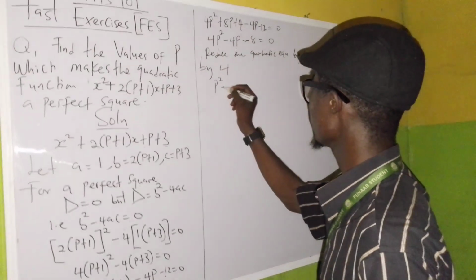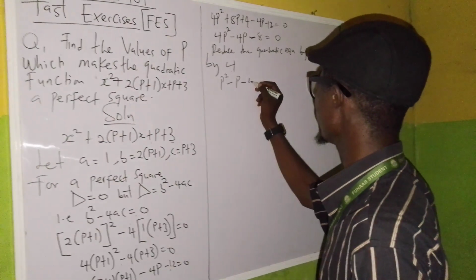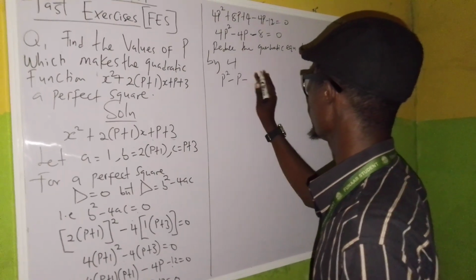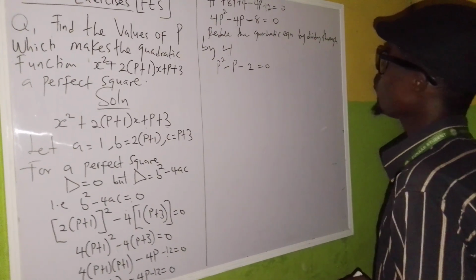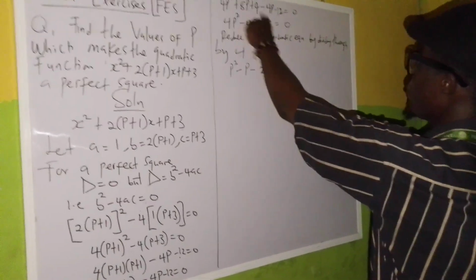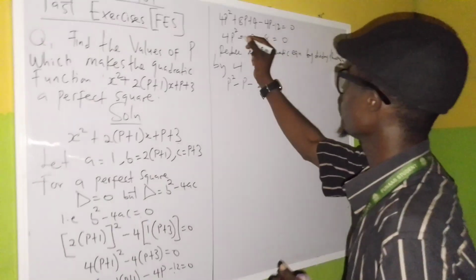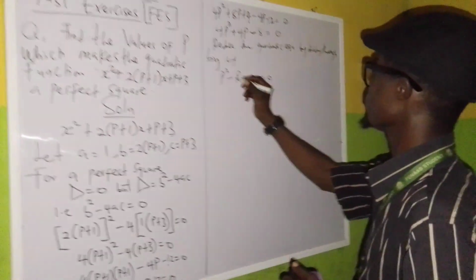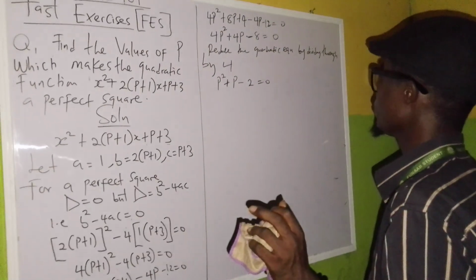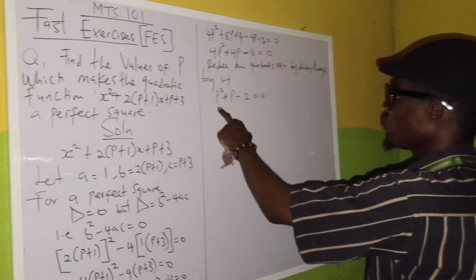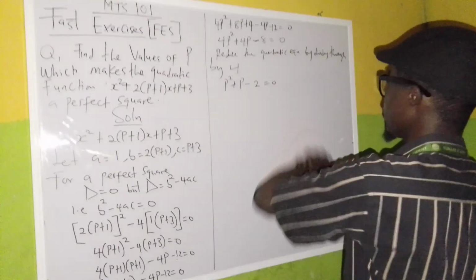P squared minus p minus what? Minus 2 is equals to 0. I hope we are good. 8p minus 4p. Sorry, this is plus. Why are we making mistake? This is plus. So we are good that way. So we have p squared plus p minus 2 equals to 0.